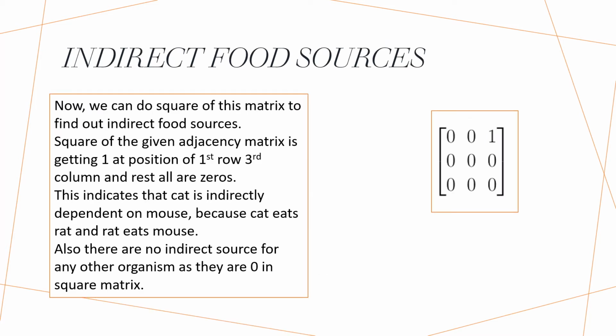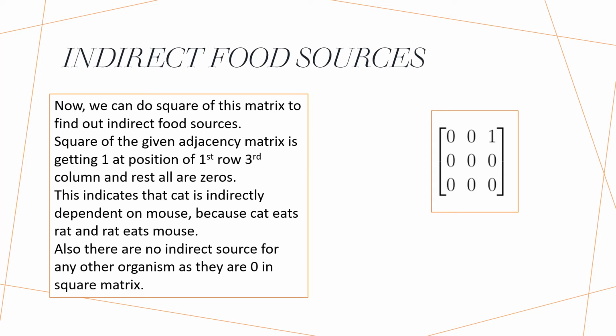Now let's further understand other applications of what we did in the previous slide. If we perform matrix multiplication of the adjacency matrix with itself, we get a matrix A square that represents the indirect food resources of the ith organism on the jth organism.